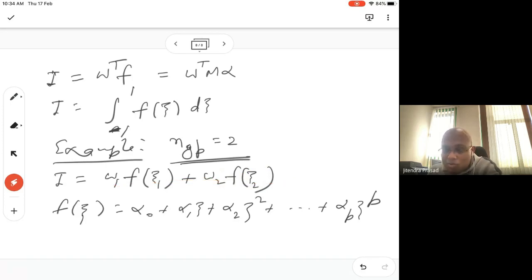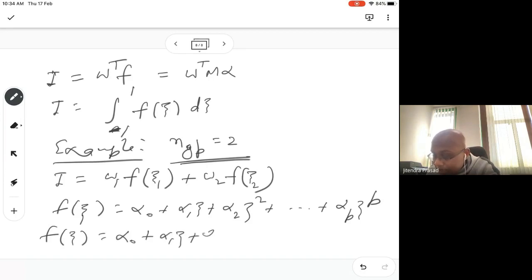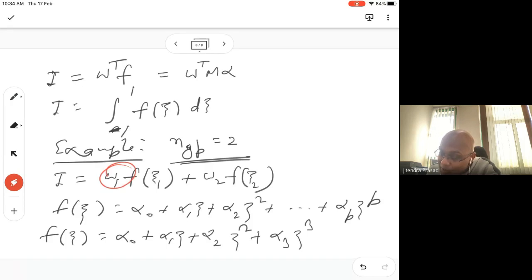So in order to find exactly the integration, you can go up till f(xi) equal to alpha naught plus alpha 1 xi plus alpha 2 xi square plus alpha 3 xi cube. So you have 4 degrees of freedom. This you can change, this you can change, this you can change, this you can change. That really means that you can go till p equal to 3 in this case.